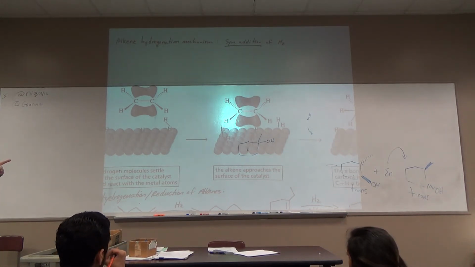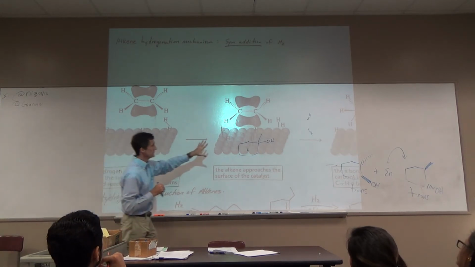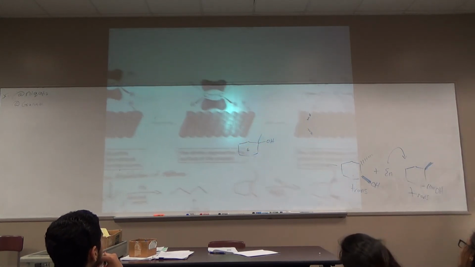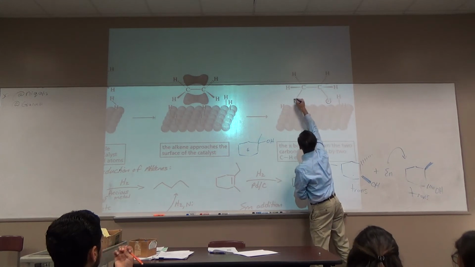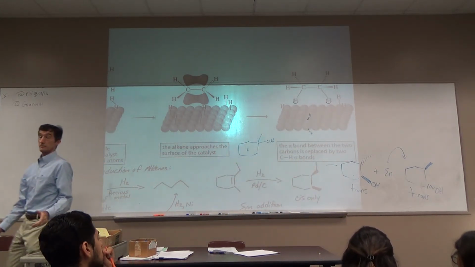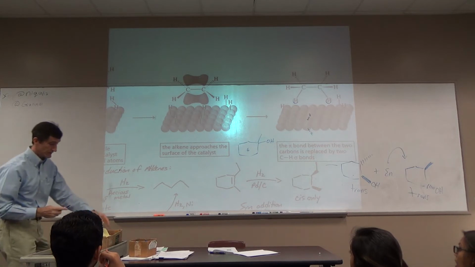And two H's are then shot into the pi system. And that's what this is trying to illustrate. Off of the metal surface, and the two H's end up there. Okay? Wow, what did he just say? I told you, it's very kind of vague. If you want more details, you have to go hunt for it.